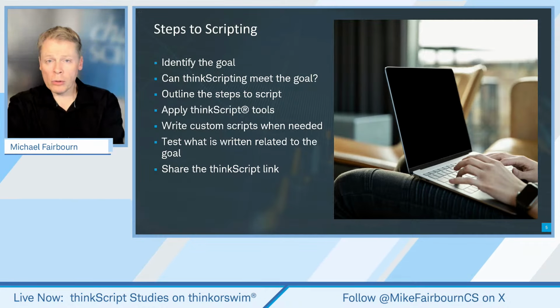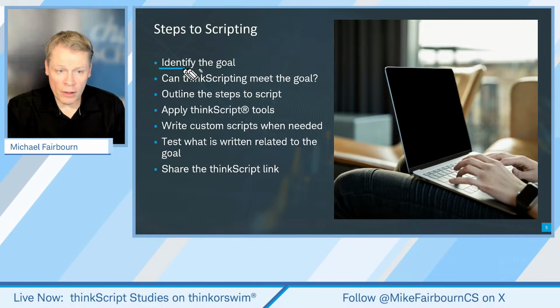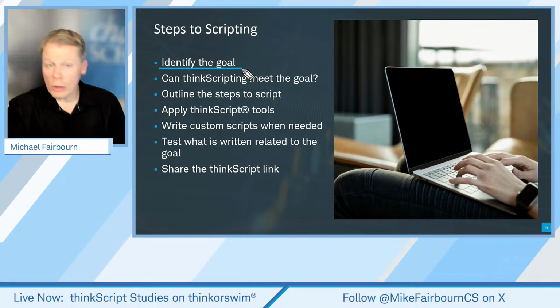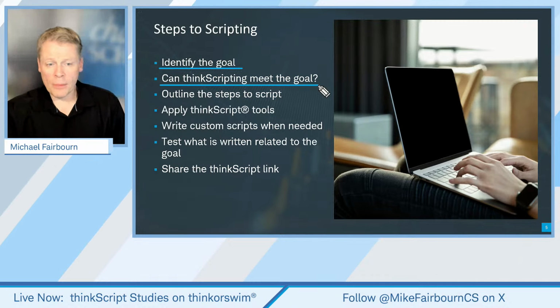Are we looking for a bullish range, a bearish range? Well, it turns out I did that today to help try to achieve this goal. I did get a prototype working here. I did want to go through it with you. We'll talk about it. It did meet the goal, but that's a question you always want to ask yourself, whatever it is you're developing. All right, we're going to outline the steps and talk about it.